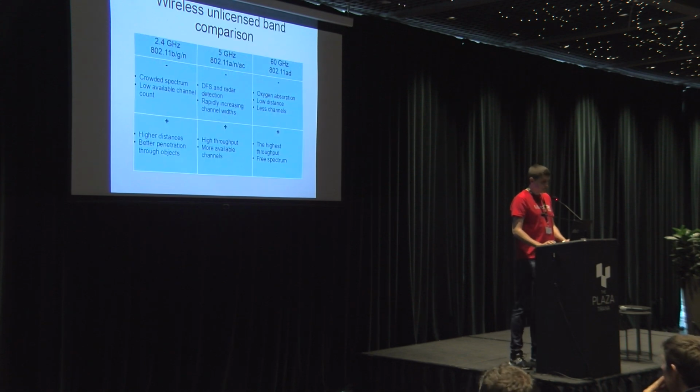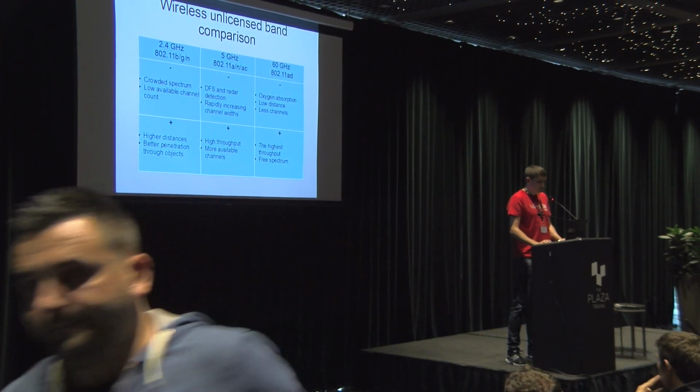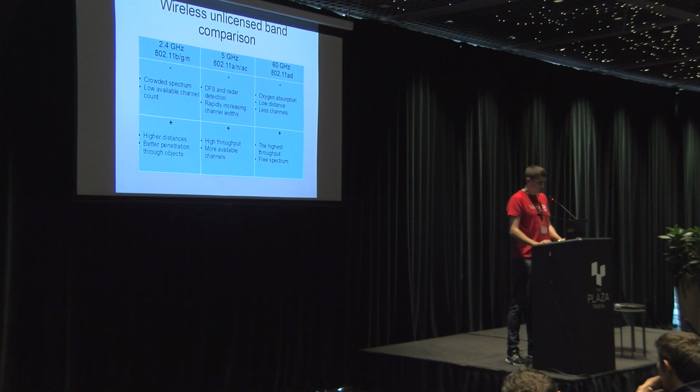Before we start talking about 60 GHz equipment, we should remember some important characteristics about 2.4 and 5 GHz equipment. The minuses of 2.4 GHz equipment is that it is overcrowded and it doesn't have many channels.